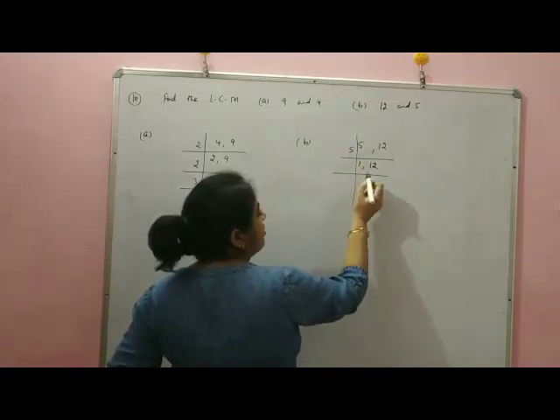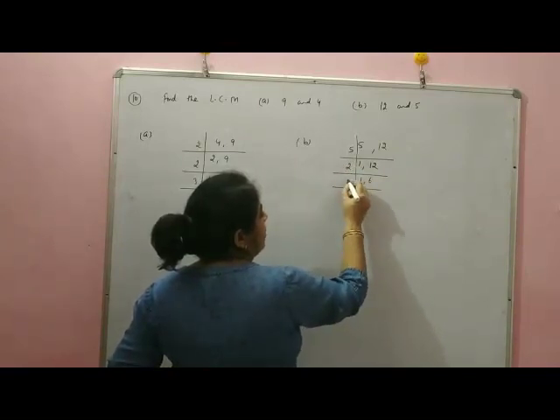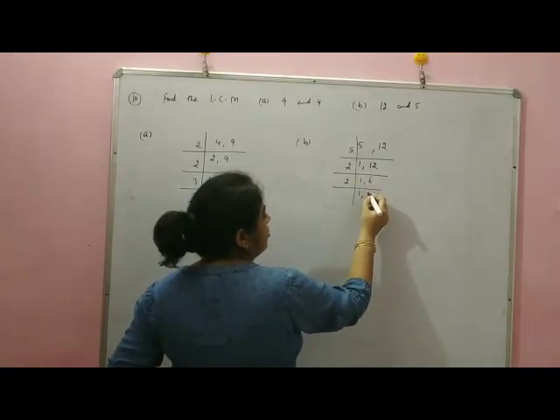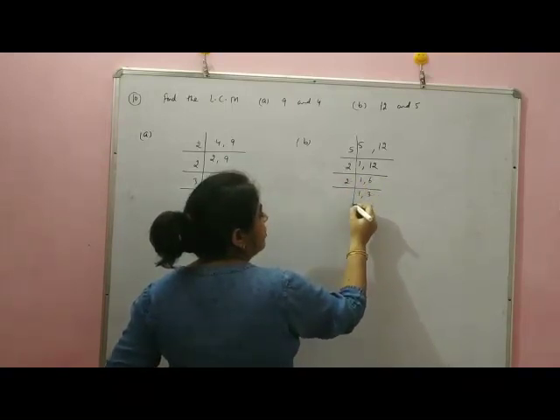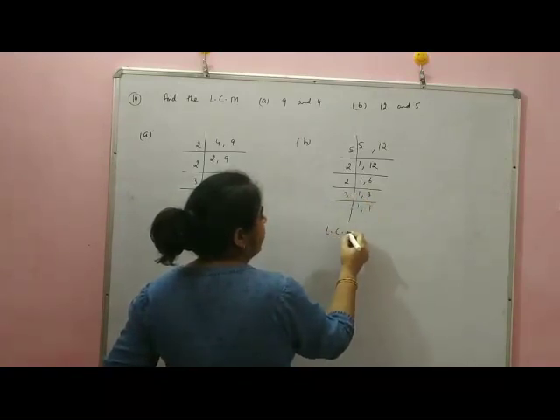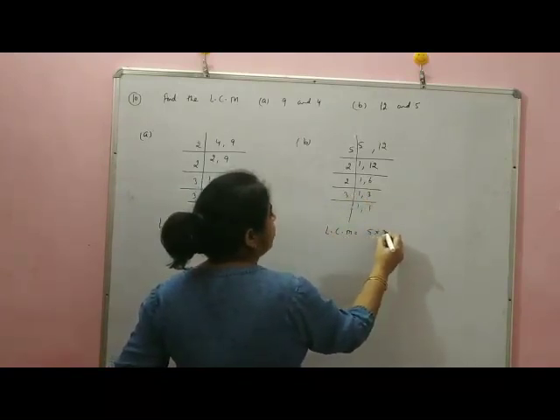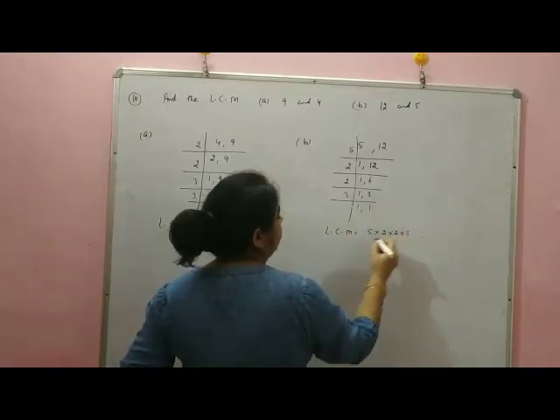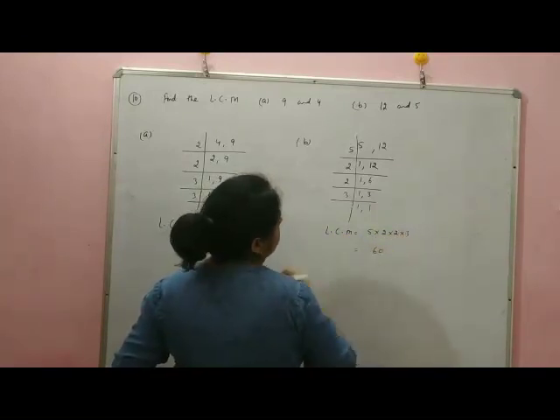So taking prime factors here, we will go with 2 first. It gives you 6. Keep the 5 as it is. Now 6 divided by 2 gives you 3. Now 3 divided by 3 is 1. So what is the LCM? 5 into 2 into 2 into 3 gives you 60.